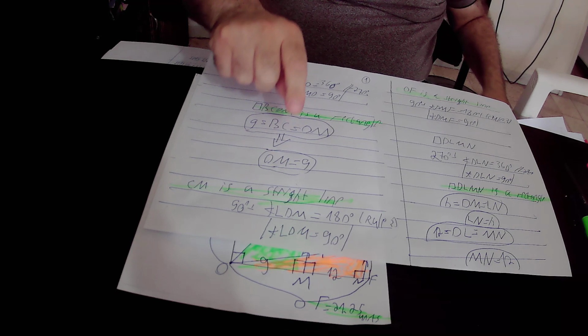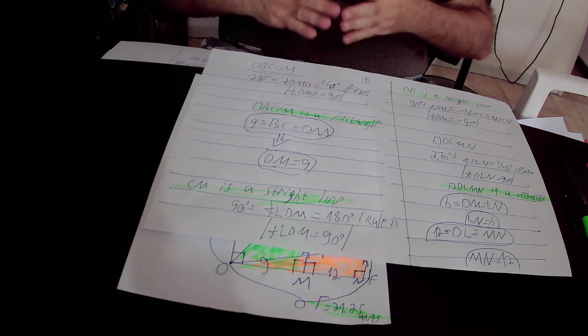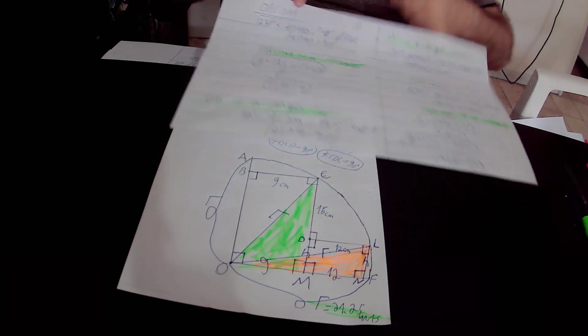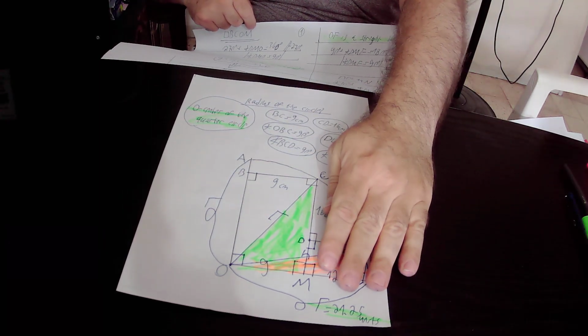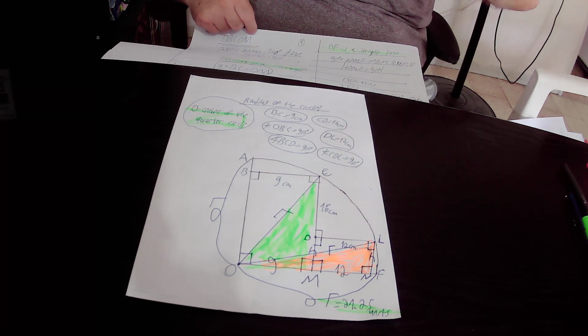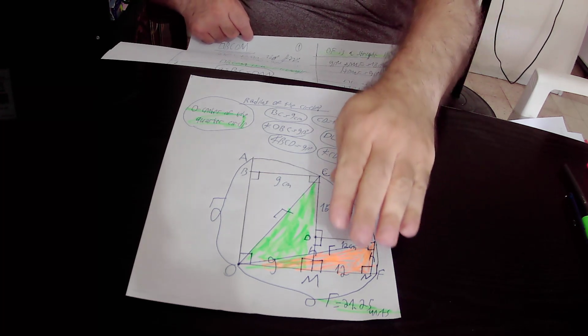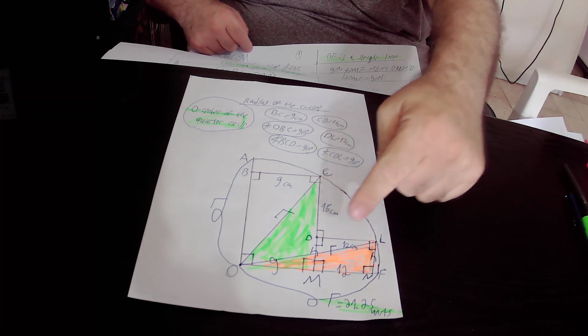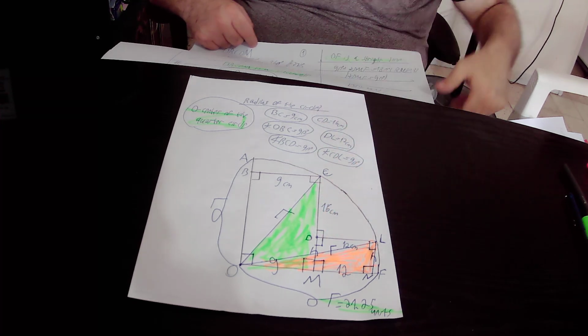and we have the rule that the sum of the angles on one side of a straight line is equal to 180 degrees. So if we focus on this side of the straight line CM at point D, the sum of the angles must be equal to 180 degrees. So which angles do we have on this side of CM at point D? We have this angle that is equal to 90 degrees plus this angle that is angle LDM.